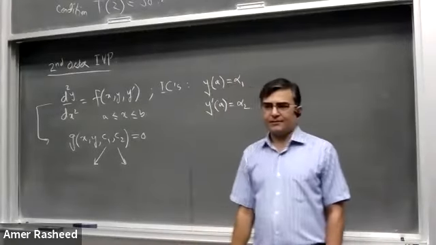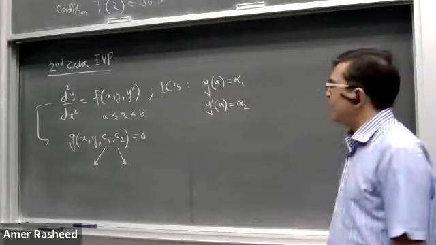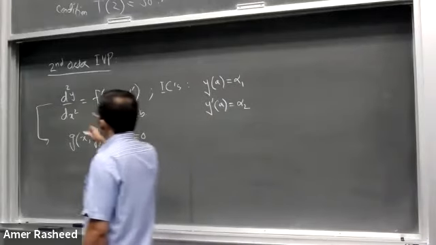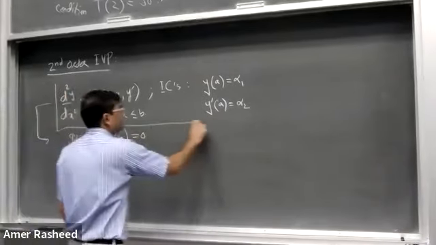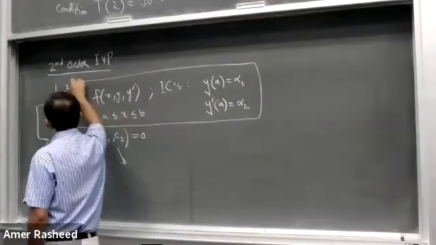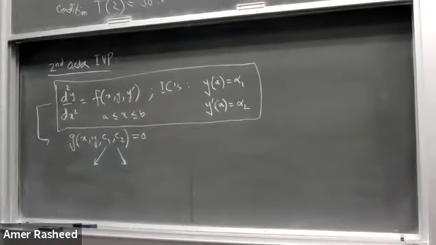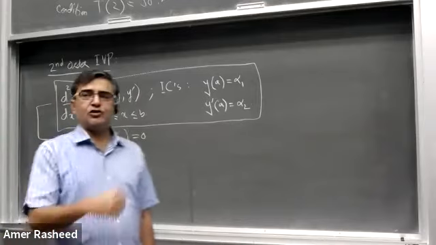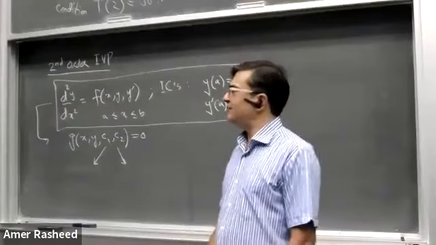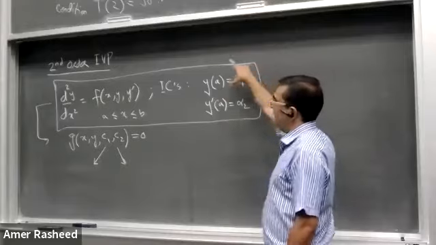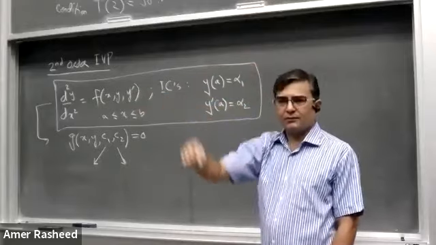Now, this complete problem, along with two initial conditions which help us to find those two unknown parameters, is basically called an initial value problem of second order.